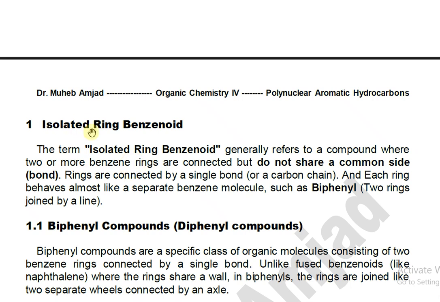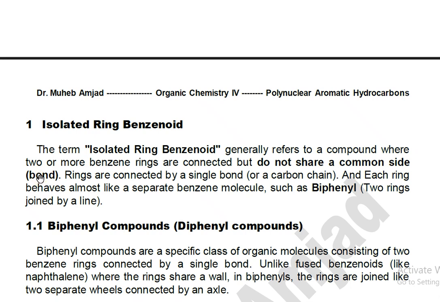So we start with the isolated ring benzenoids. As we referred before, the isolated ring benzenoid generally refers to compounds where two or more benzene rings are connected but don't share common sides, the bonds.